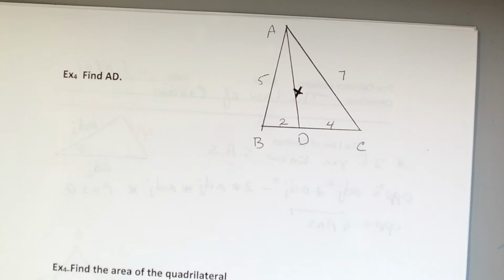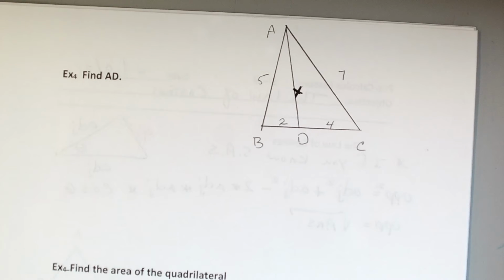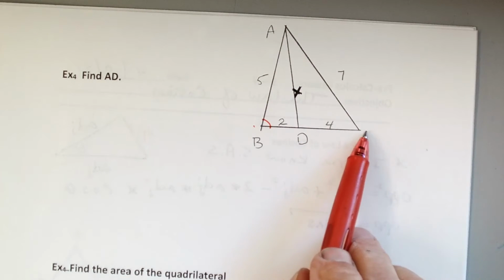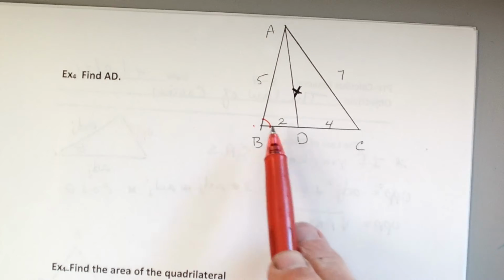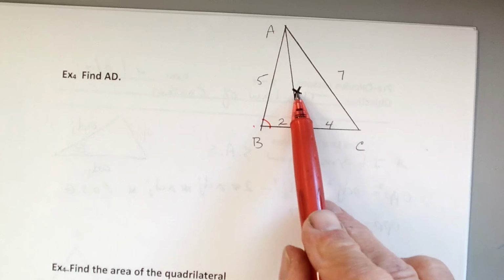Finding AD. Well, I could find angle B, because I could have a side, side, side. Once I get angle B, then I could find this side by the law of cosines.